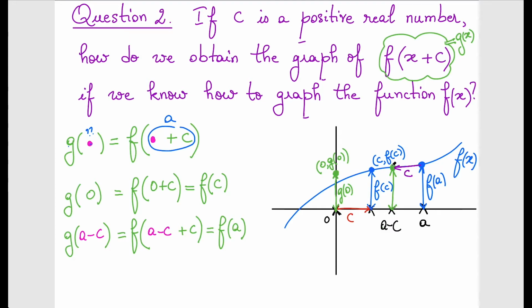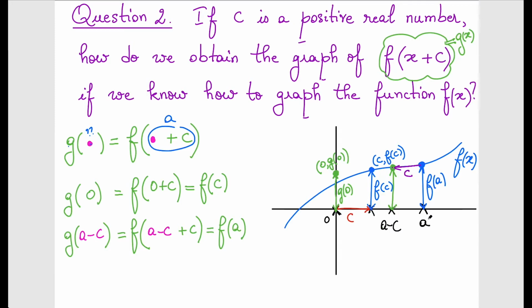So g is going to produce this height, this output, at time a minus c now, but through the signal f, it used to produce it at time a. And clearly a minus c comes earlier in time than time a if c is a positive entity. So g allows you to see c units ahead of time what f allowed you to see before.